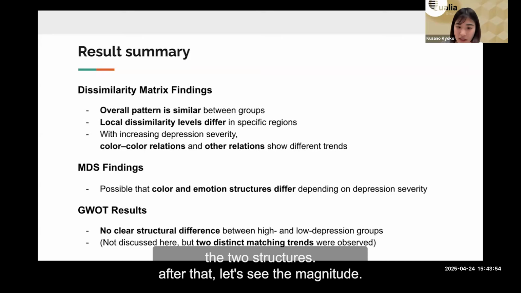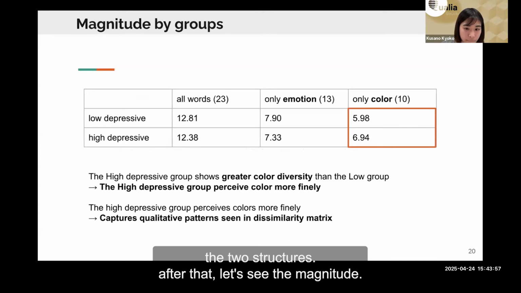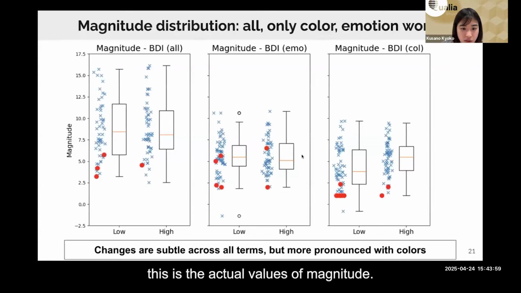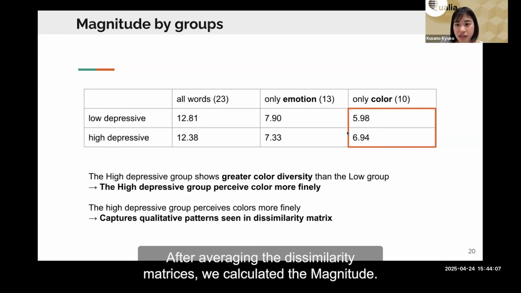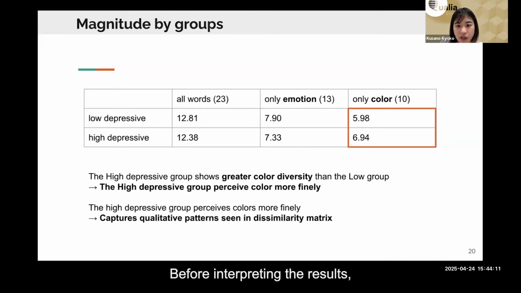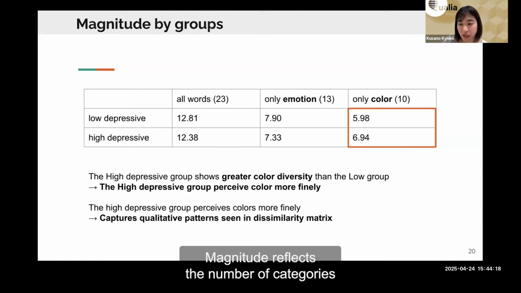After that, let's see the magnitude. This is the actual values of magnitude. After averaging the dissimilarity matrices, we calculated the magnitude. Before interpreting the results, let me explain the concept of magnitude a little bit.